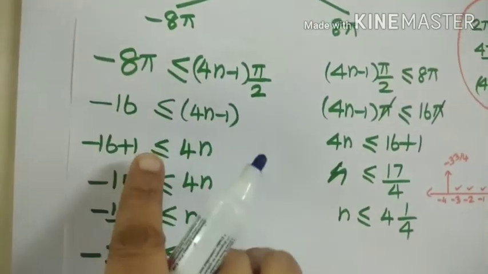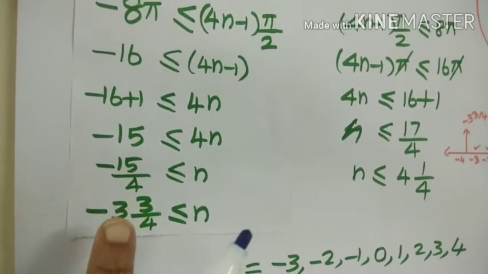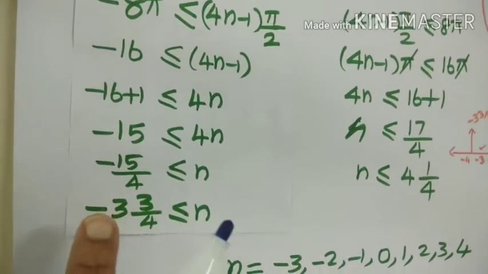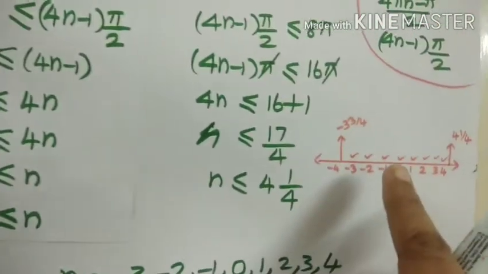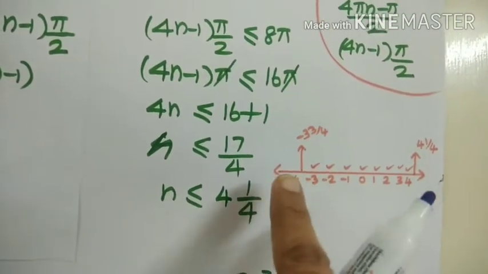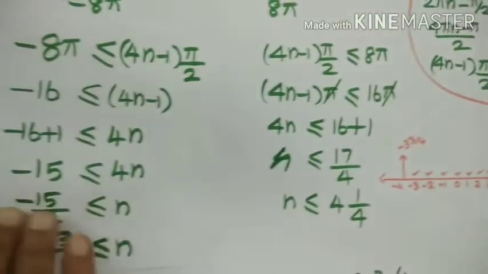Bring minus 1 to this side. Bring 4 down, which reduces to minus 3 by 4. So n is more than minus 3 by 4. Let me mark this minus 3 by 4 in the graph. Minus 3 by 4 will be somewhere between minus 3 and minus 4. So this is one answer that I got in the left limit.